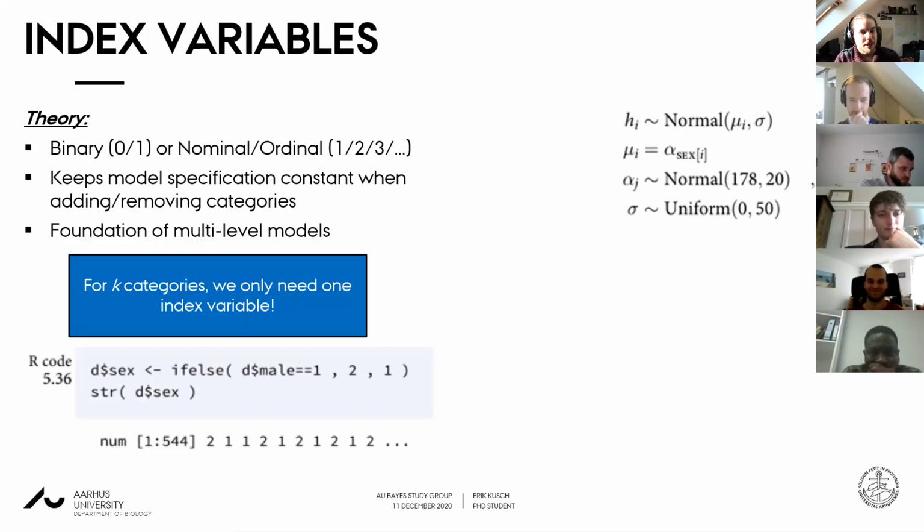So for K categories, you only need one index variable, as long as all of these categories fall into the same realm of interest. So for example, I would not record seasons and, let's say, regions in the same index variable.